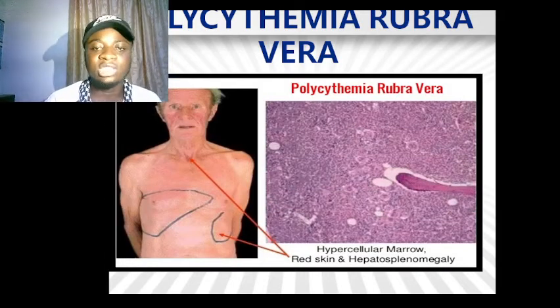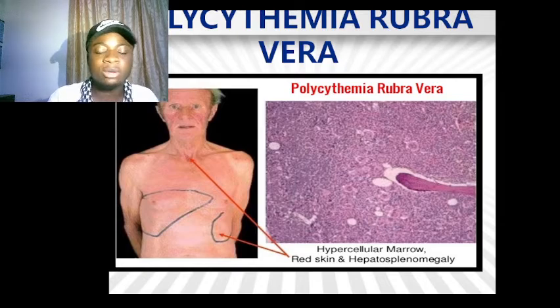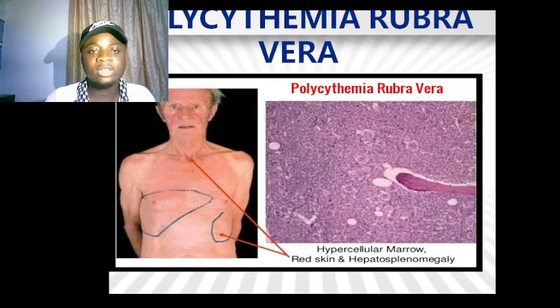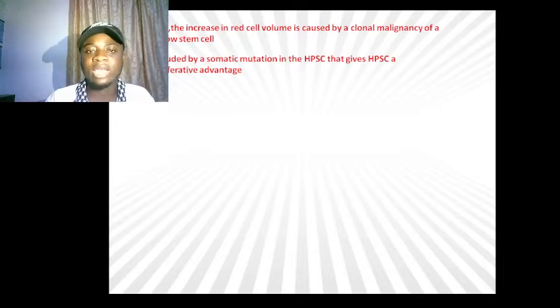Polycythemia Vera is basically a malignant condition, unlike the secondary and the primary polycythemia we just spoke about. In Polycythemia Vera, the increase in red cell volume is caused by a clonal malignancy of marrow stem cell.